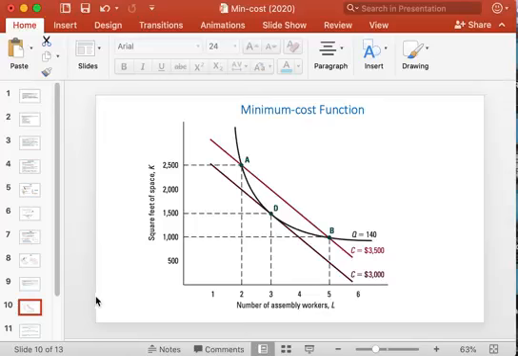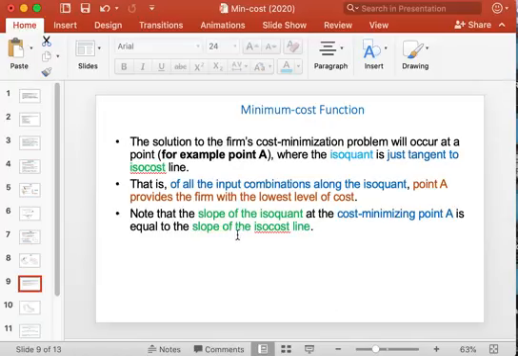Then we can generalize, saying that of all the input combinations along the isoquant line, point D provides the firm with the lowest level of cost.